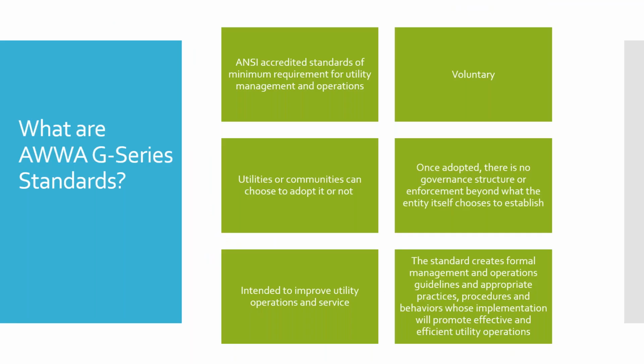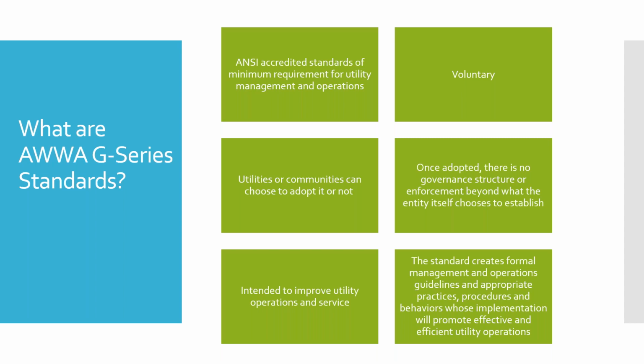So what are these G series standards? These are actually ANSI accredited standards. So they meet minimum requirements and they are reviewed by ANSI. They set up these minimum requirements for utilities, and they are established particularly for management and operations. So rather than specifying, let's say, particular water quality levels in very precise ways, the G series are established to create a set of performance standards that would help utilities to improve their overall operations and service.